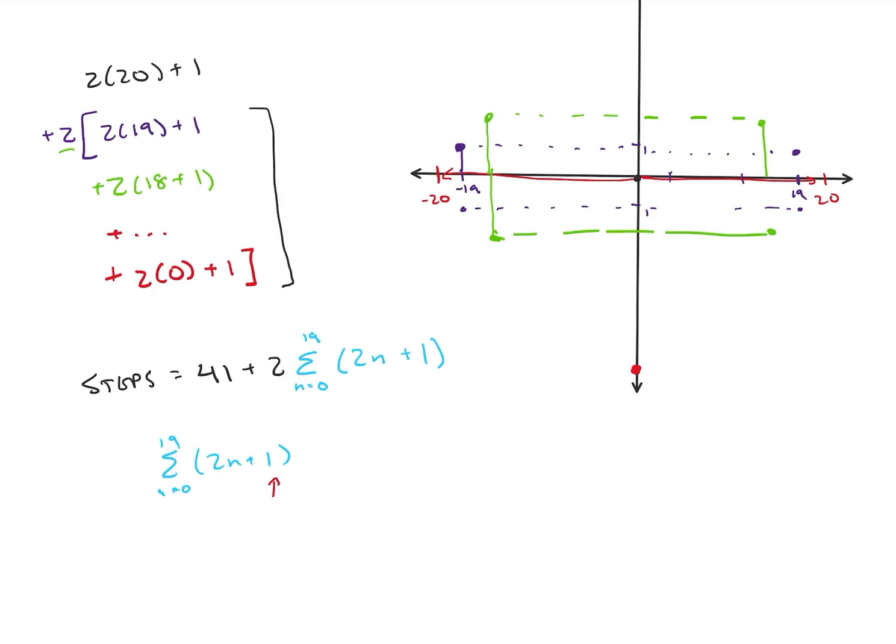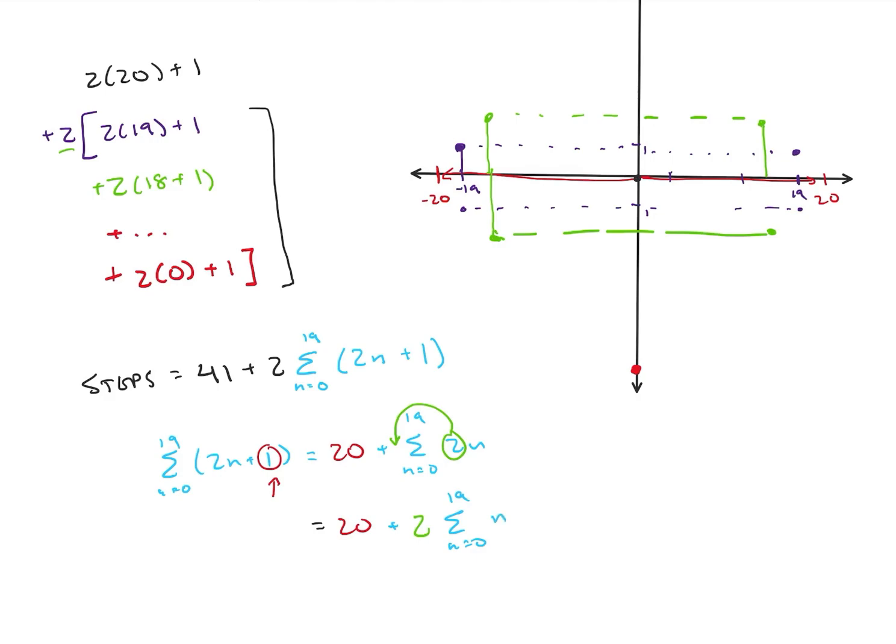So this is going to equal 20 plus the sum from n equals 0 to 19 of 2n. I can take that 2 and move it out, because the 2 is multiplied by everything in this sum. So this is going to be equal to 20 plus 2 times the sum from n equals 0 to 19 of n.